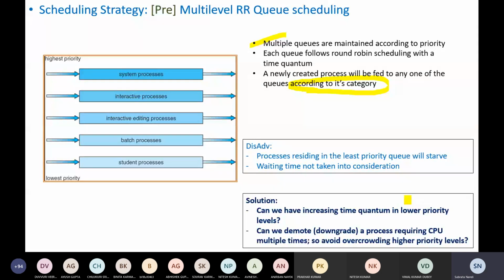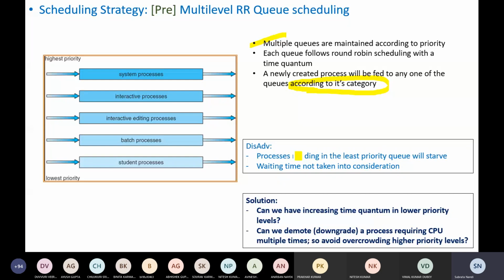So what is the disadvantage of this algorithm? Deciding when the lowest queues will get their turn, because the higher level queues may always be occupied with processes. And what is the other drawback that we find? The waiting time. This nicely takes the advantage of RR by not requiring the computation of service time, and it differentiates between different types of processes.